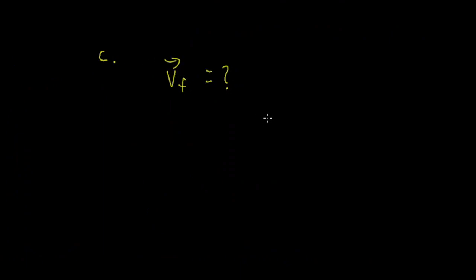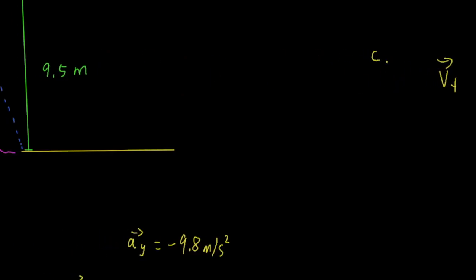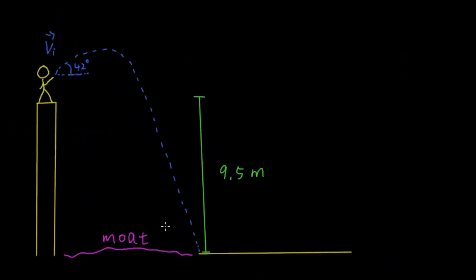How do you calculate v final? As I said before, this is a two-dimensional problem. As the rock travels in projectile motion, it has an x component and a y component. It's a two-dimensional picture here.